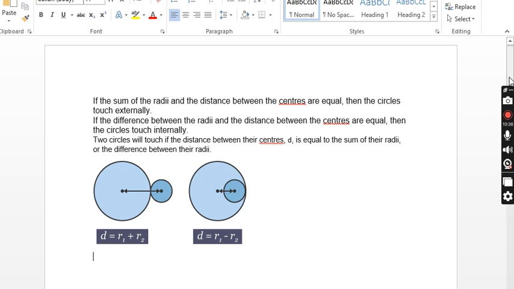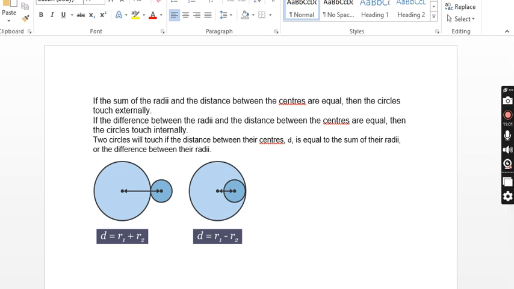See this diagram. The first diagram, D is equal to R1 plus R2. So what you are seeing is that the distance between the centers and the sum of the radii are equal. Now check this.